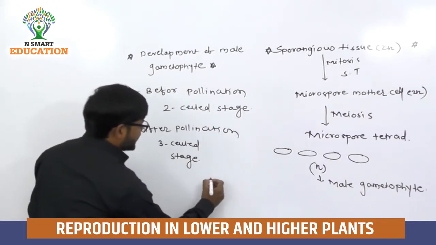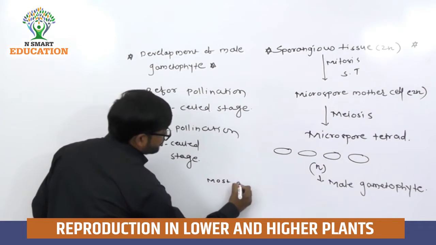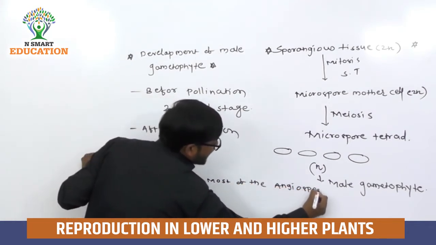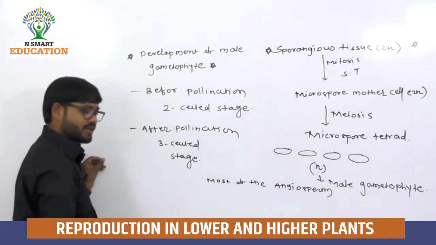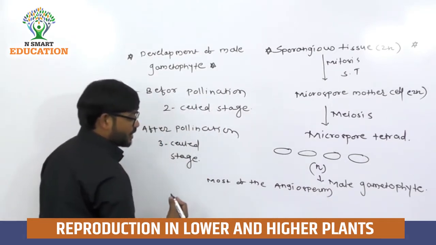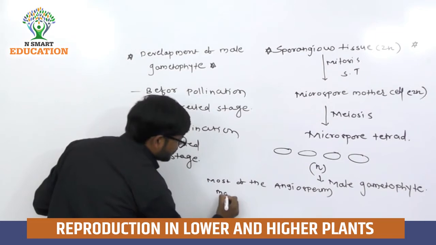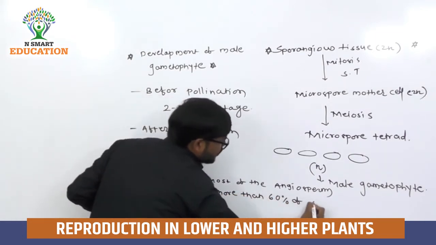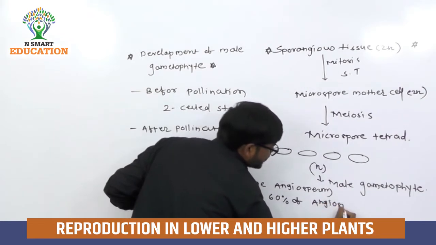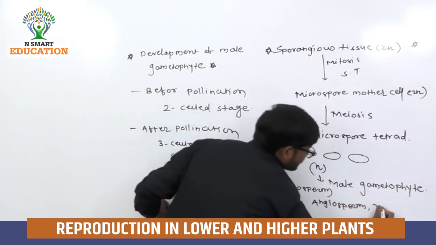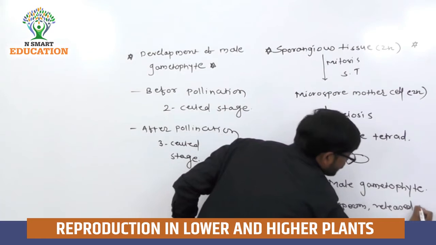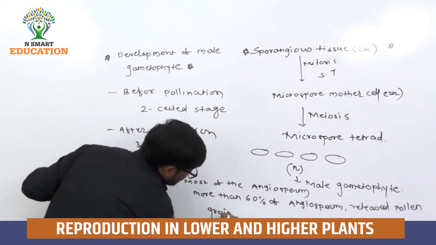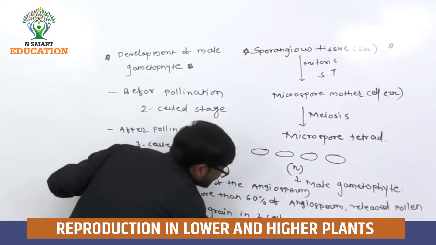Most of the angiosperms, more than 60% of angiosperms, release pollen grain in 2 cell stage.